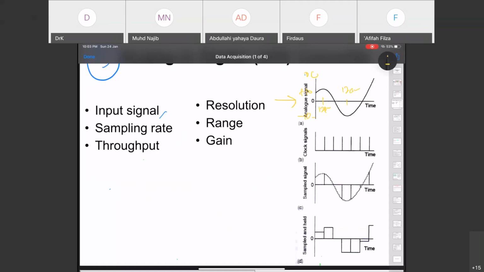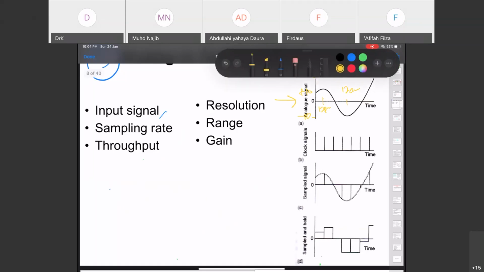All right. So basically, I want my microprocessor or microcontroller or my data system to be able to read this analog signal and convert it into digital form. Basically, these are the processes that they have to go through in order to get everything into digital form.